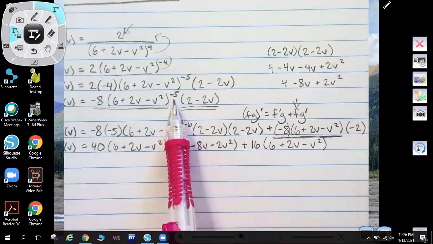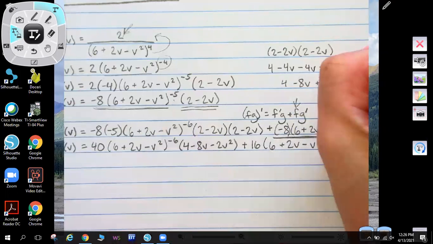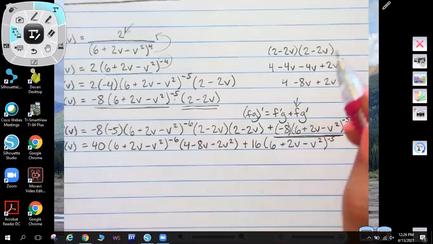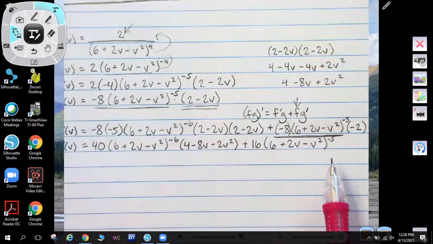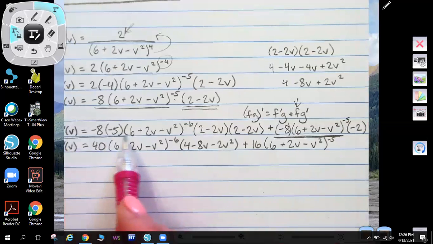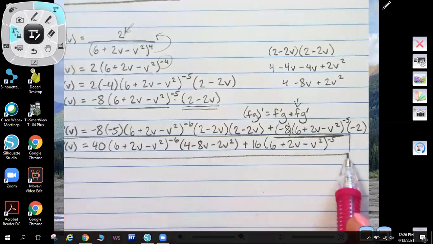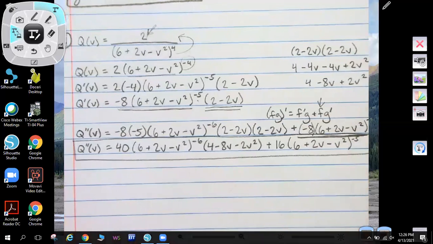So it should have a -5 here and here. Okay, that wasn't a terrible fix. It is quite a long, messy answer, but that is the answer.